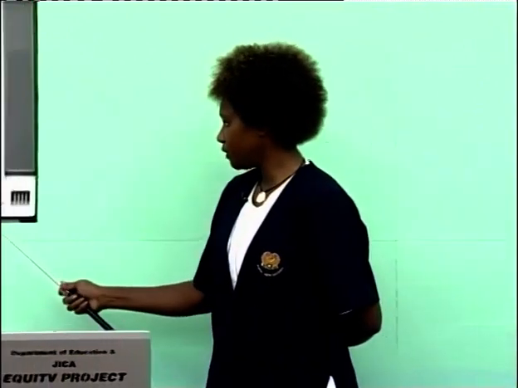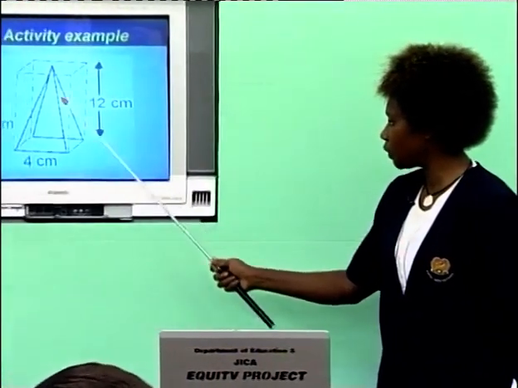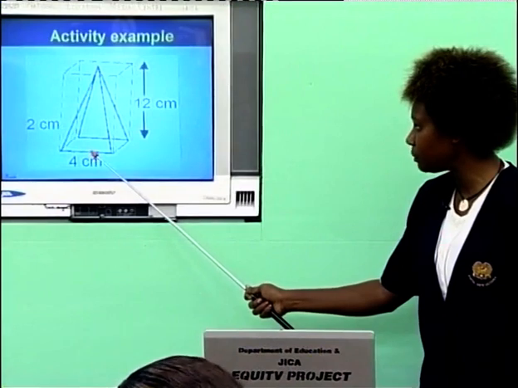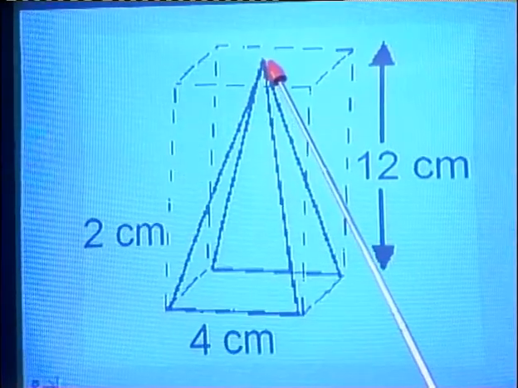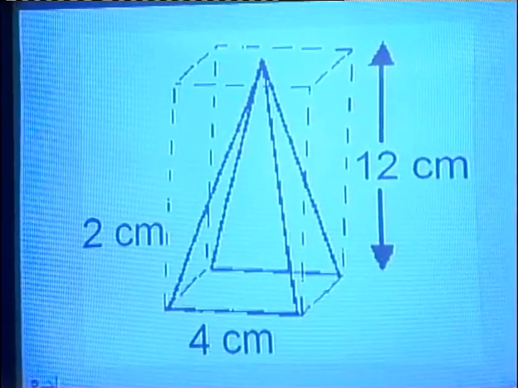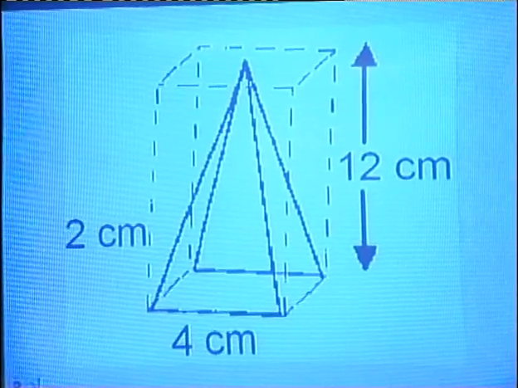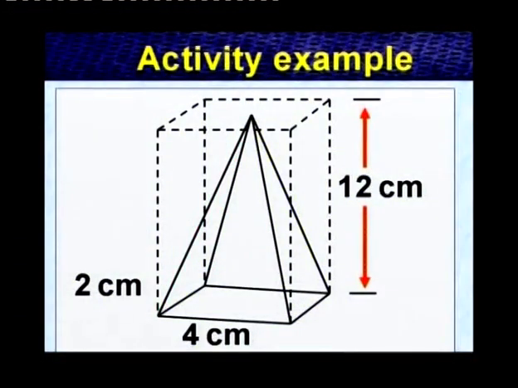Okay, the heights are the same. From the bottom up here and also from the center of the pyramid up to the apex here, the heights are the same. So that is the relationship between a prism and a pyramid from the diagram that I have. So I have the base given.